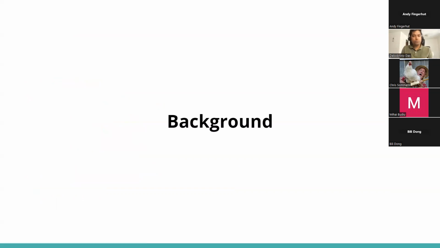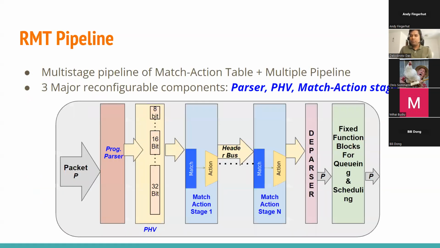So, a bit of background. At the starting, we need to look at the RMT switch architecture. RMT switches contain one or multiple pipelines. Every pipeline contains several components, and out of them, three are the major reconfigurable components.